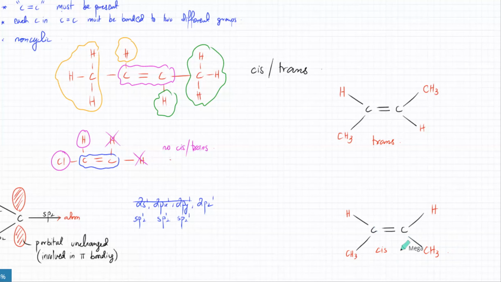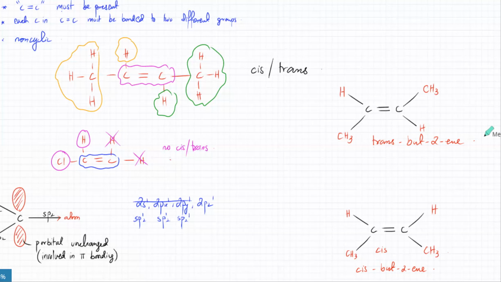So the name is going to be cis-butene. The other one is going to be your trans-butene.